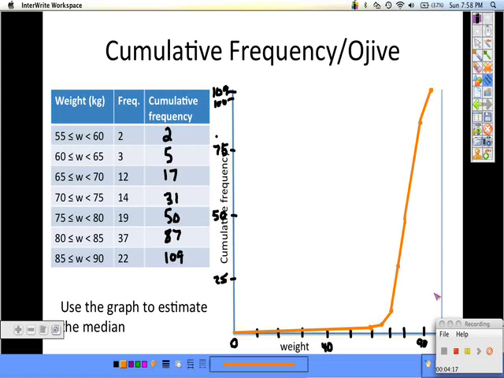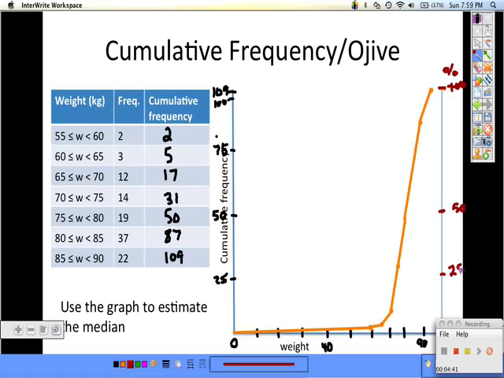Now what we can also do is add a percentage scale to the right hand side. Up at the top would be 100%. Halfway would be 50%. That would be, in other words, the 50th percentile.